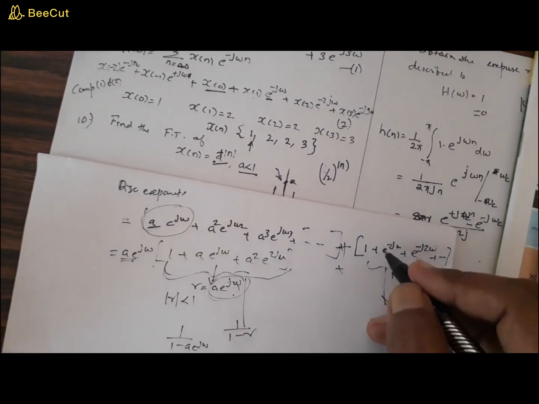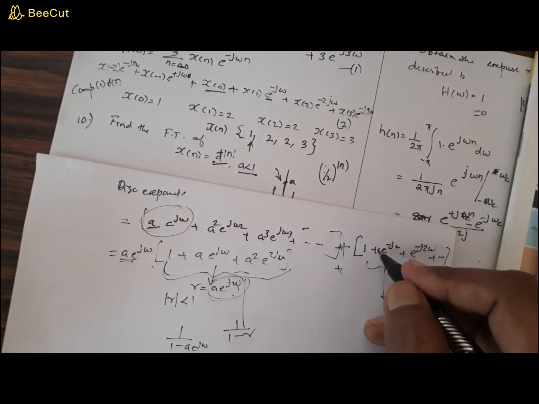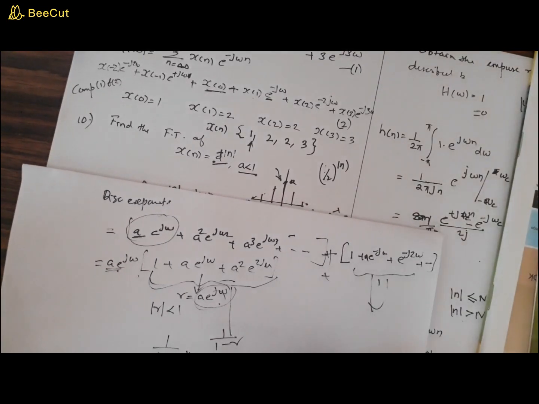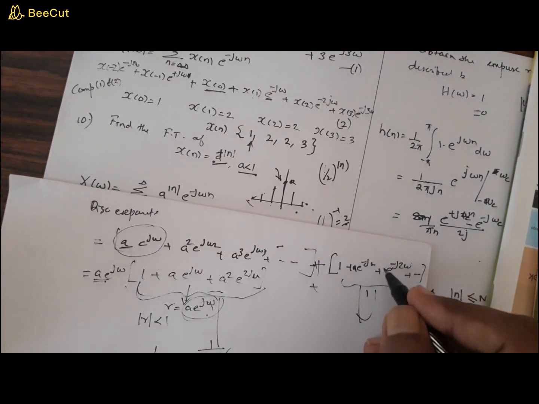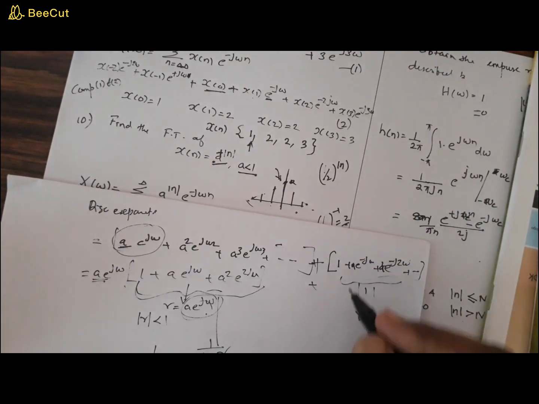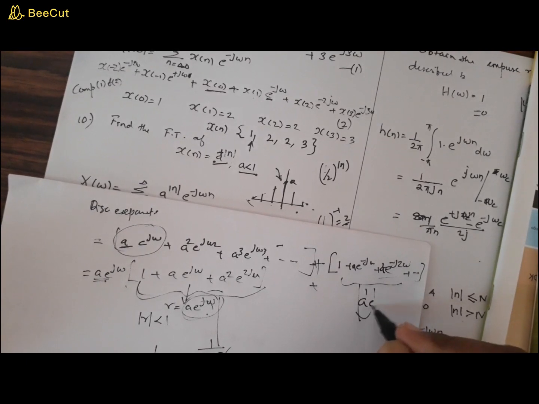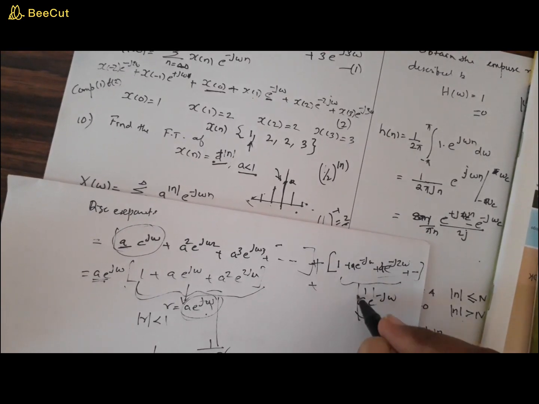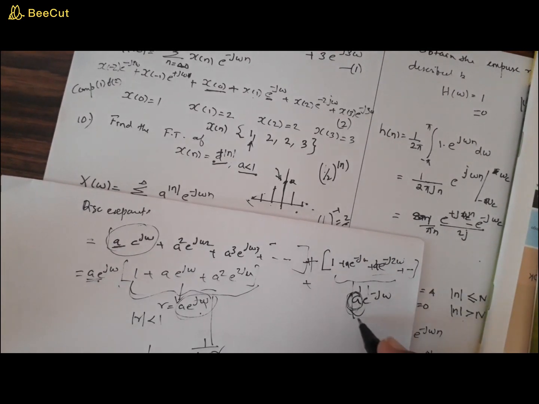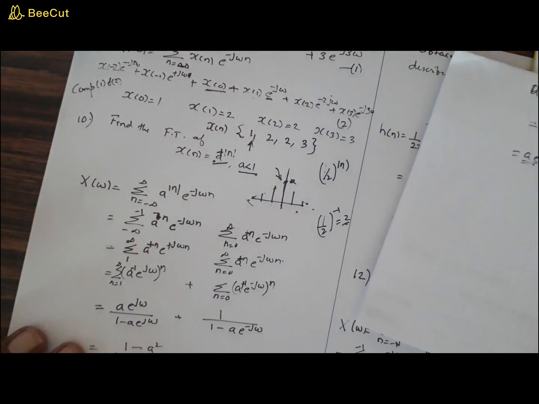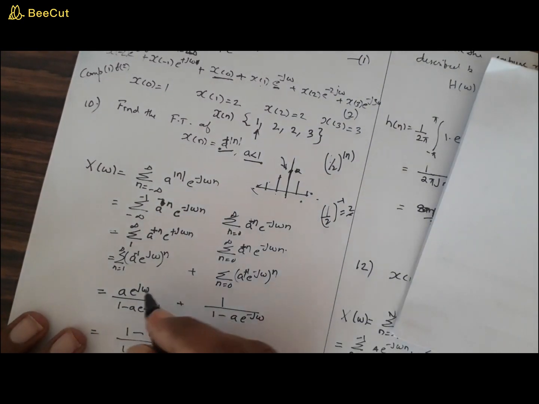This will be 1 plus a into e raised to minus j omega plus a square and so on. Because of the limits, and because a is less than 1, this can also be written as 1 by 1 minus a into e raised to minus j omega. So you will be getting that like this.